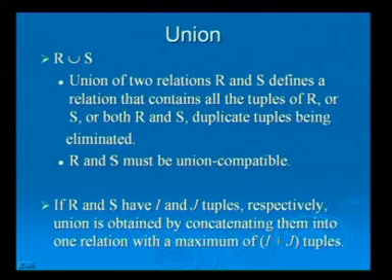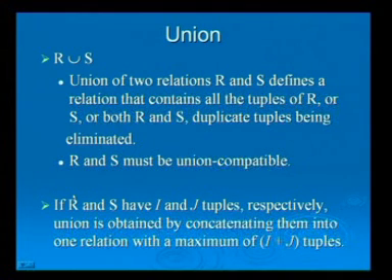So their degrees should be the same, and each pair of attributes should be from the same domain. Each corresponding attribute, for example, let us say the Ai attribute of R and the Bi attribute of S are compatible, then they should have the same domain.